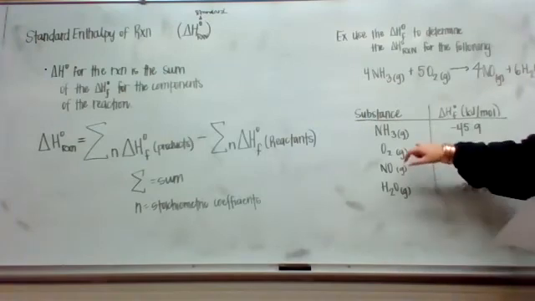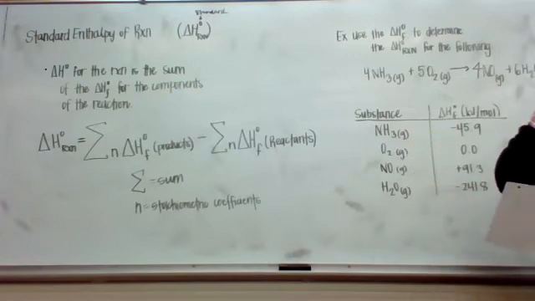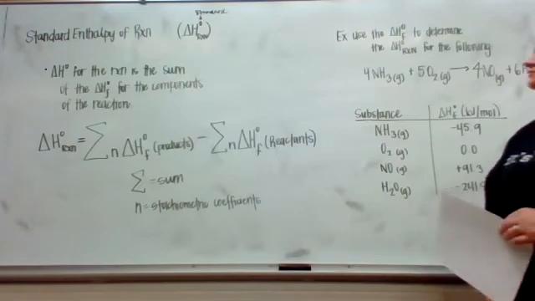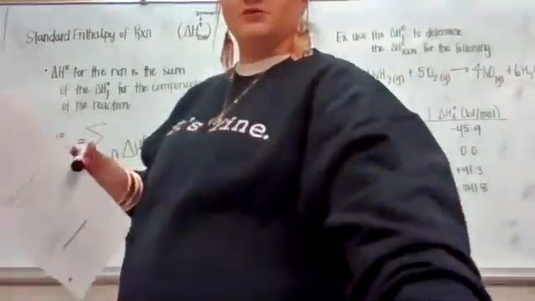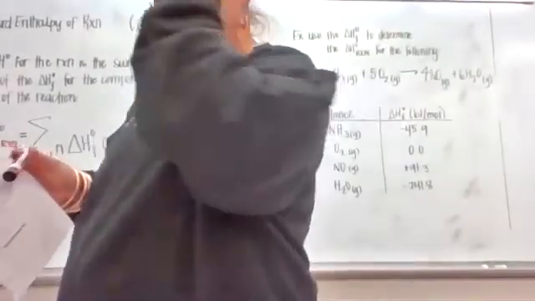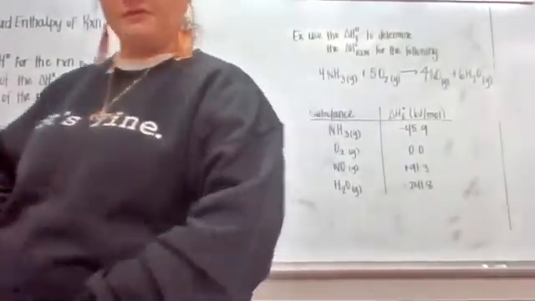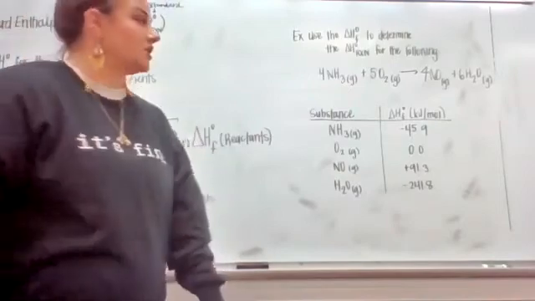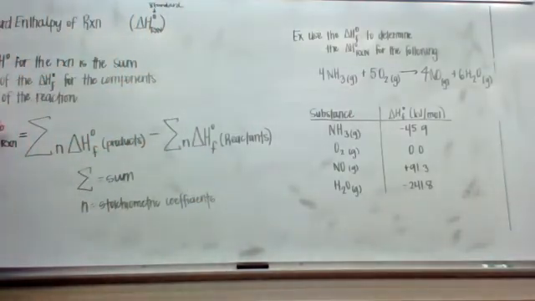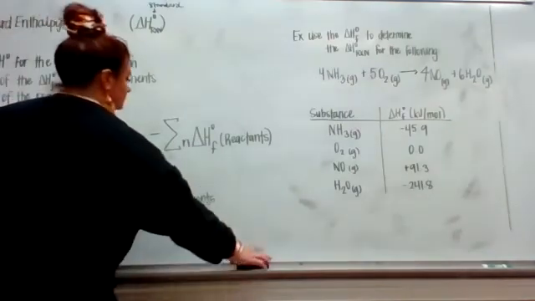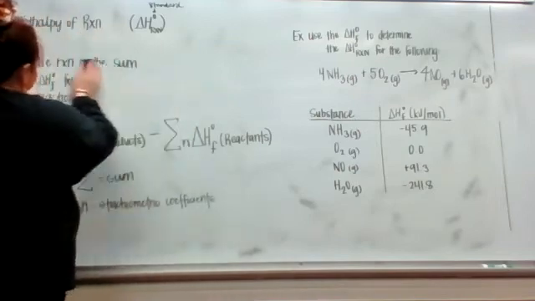Okay, because if it's in a different state, it has a different enthalpy of formation. All right, so we just need to use this equation with those numbers. That's it.